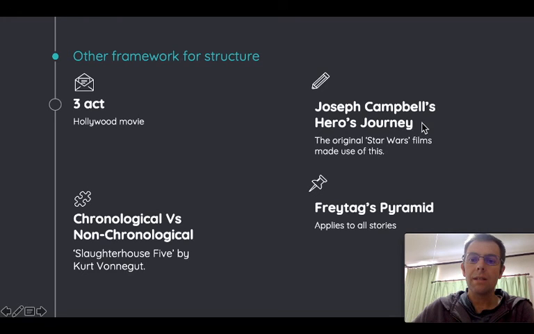Another way to think about structure is Joseph Campbell's Hero Story, and a good example of that is the original Star Wars films, episodes 4, 5, and 6. They are all about the hero's journey, where the hero rejects the call to adventure, then accepts the call to adventure, and on the story goes.